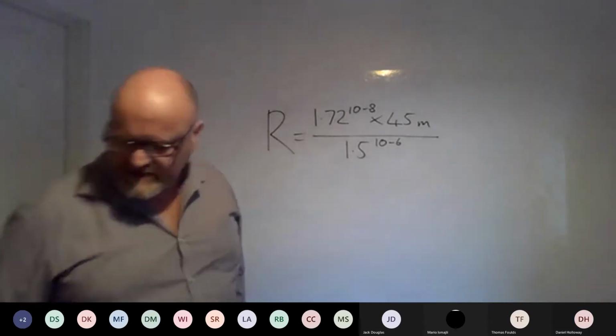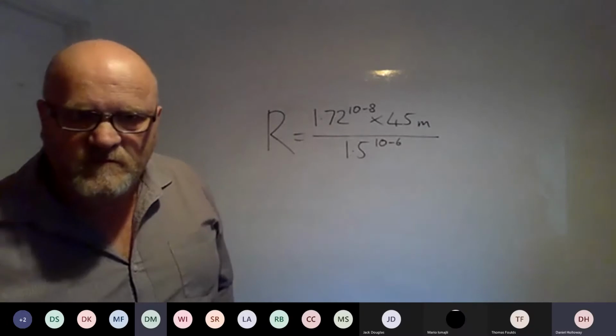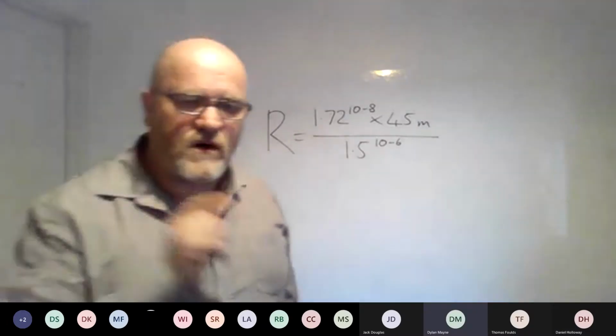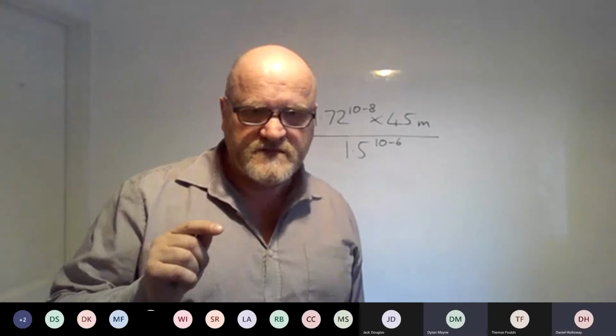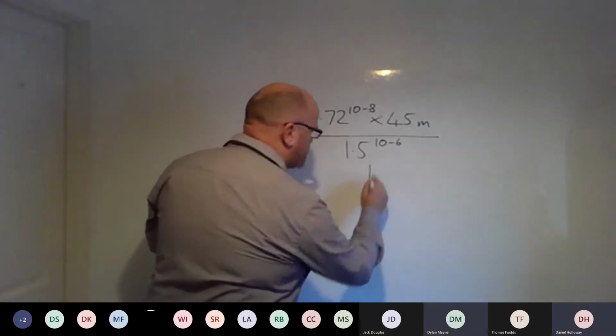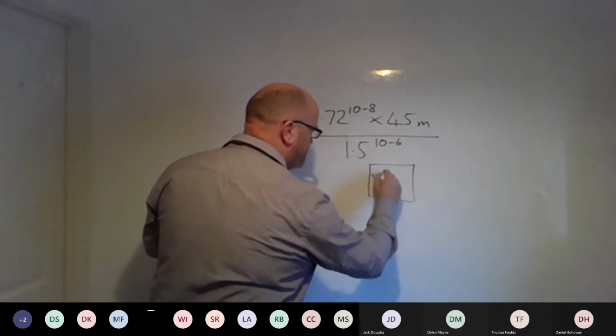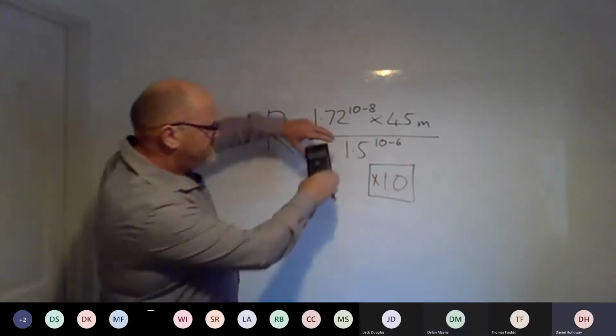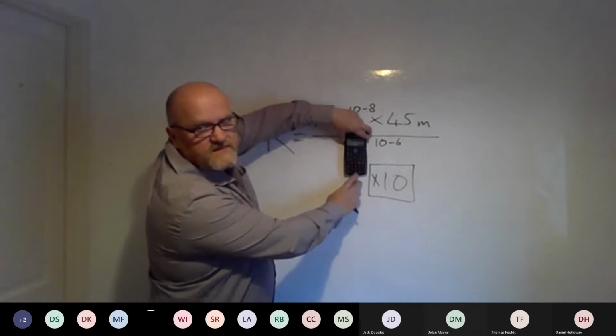What do you get, guys? Anybody give me an answer yet? How do you put that in your calculator again? So you've got a calculator in front of you, put 1.72. Press the times X10 button, right at the bottom of the calculator in the middle.